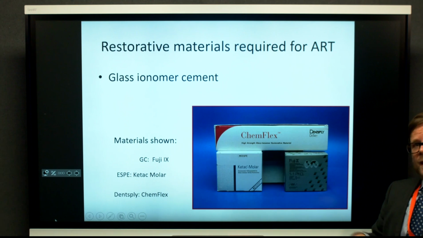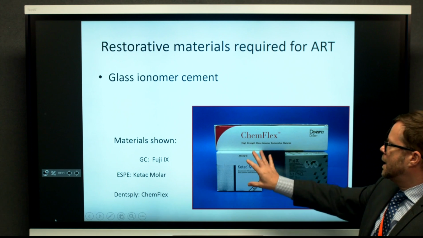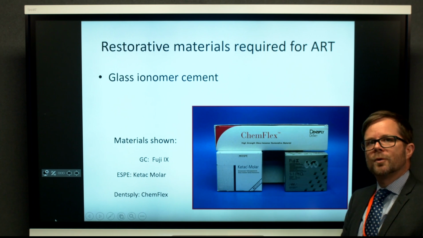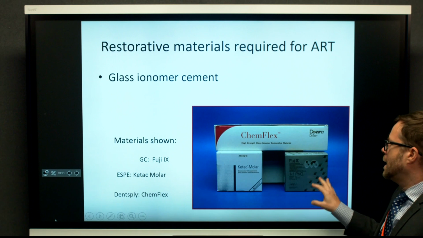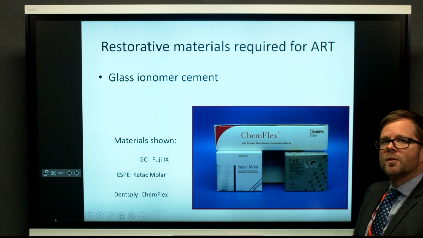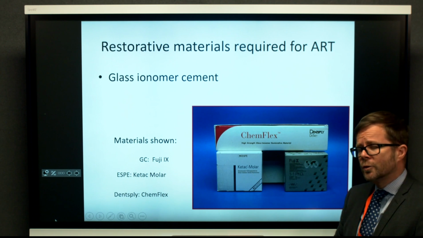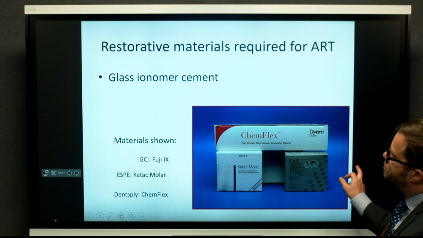The materials, as I've said, are generally glass ionomer cement. These are a few glass ionomer cement products that are available on the market. Chemflex or Chemfill. Fuji make a range of GICs. Some of them are self-curing, others require light curing. So again, it depends on the setting that you're working in.